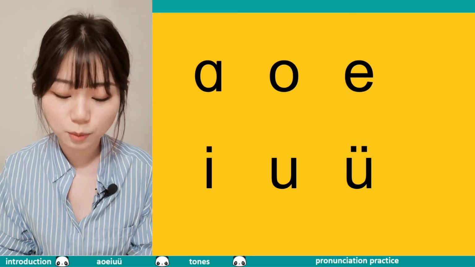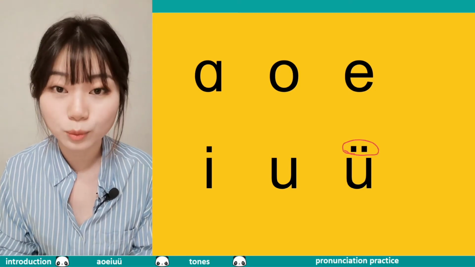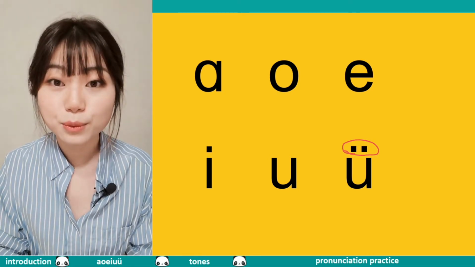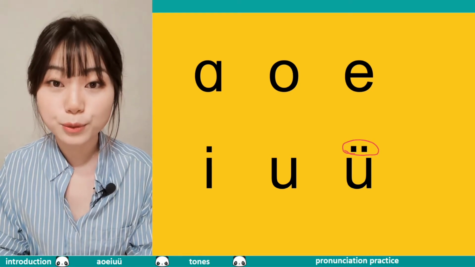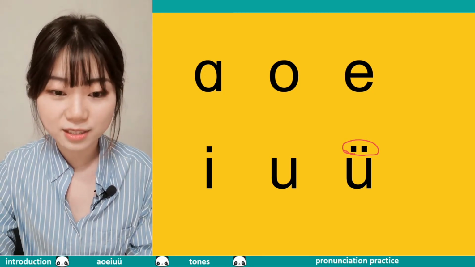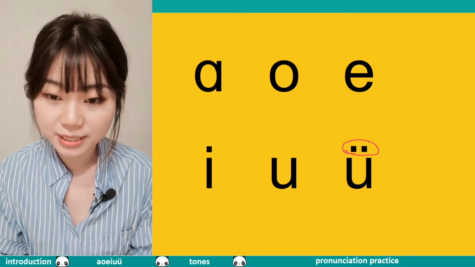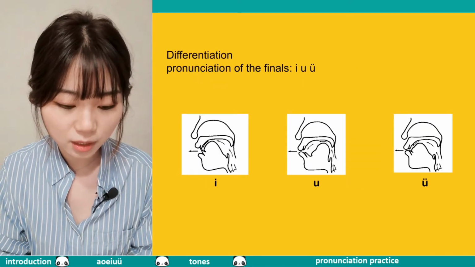And next, you have 2 dots on the u. It's ü. Well, you don't have this ü in English, so let's use this picture to see how to pronounce it.